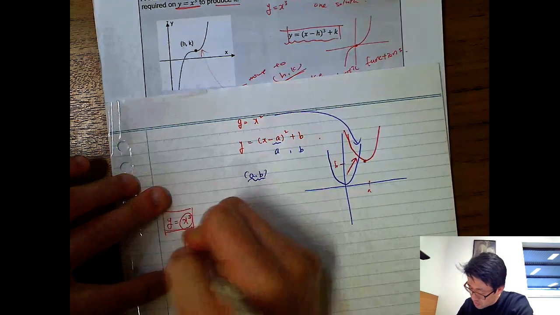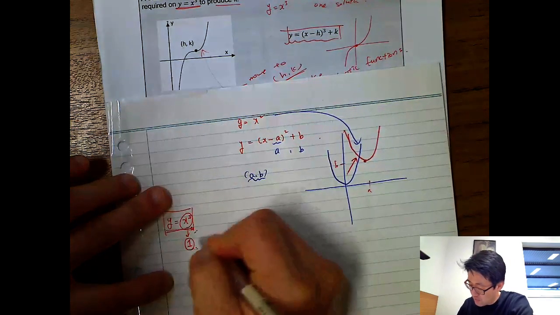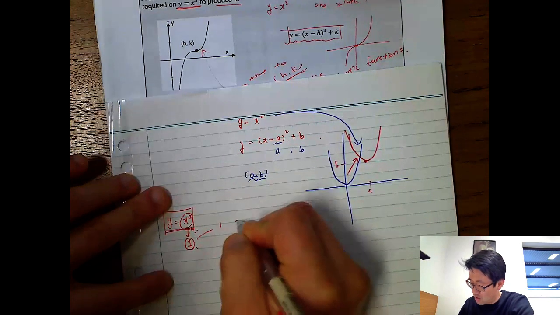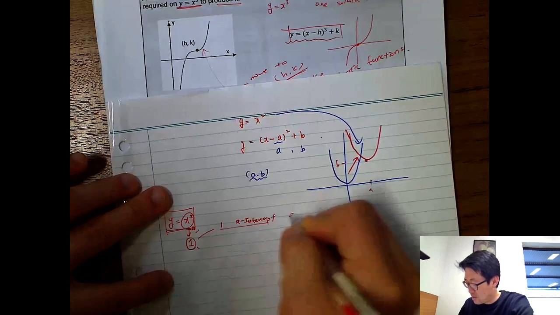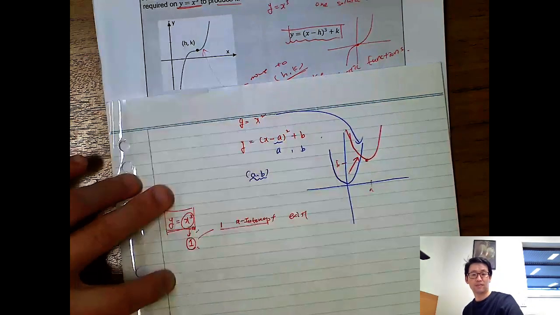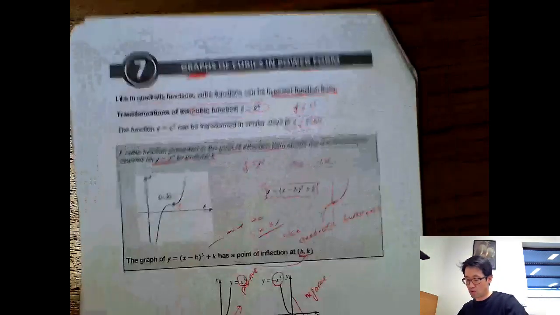So I can say 1 x-intercept exists. Okay, let's go back to the previous class.